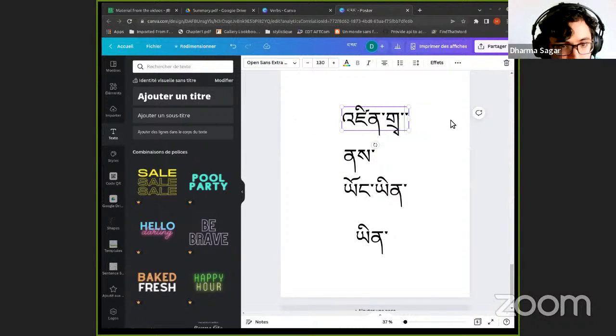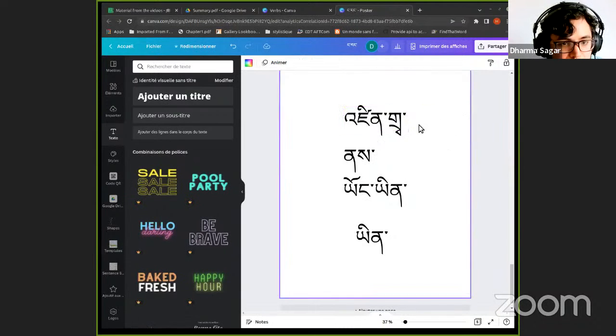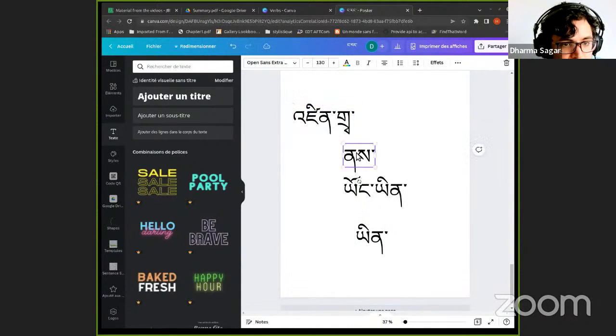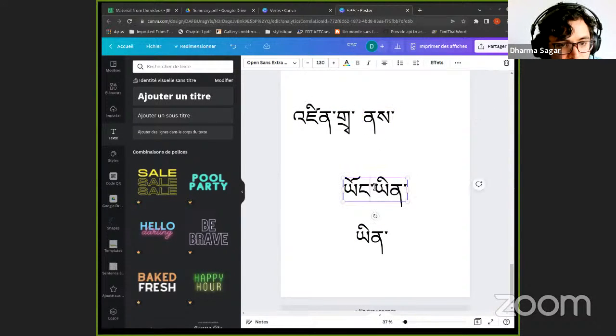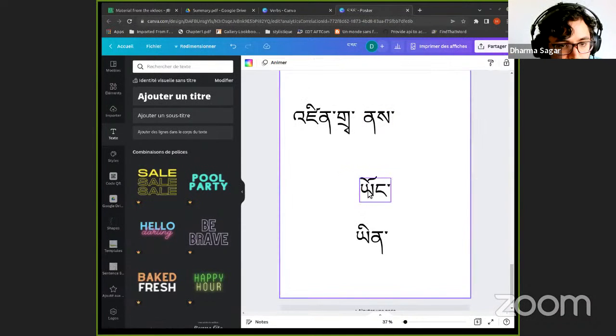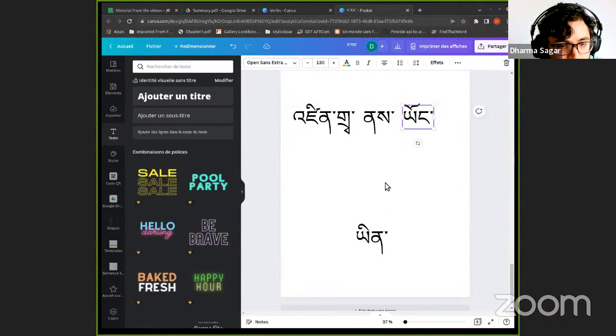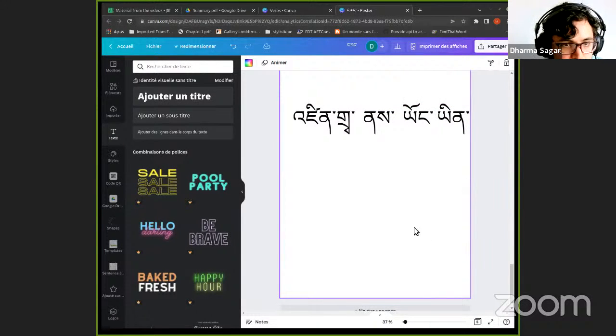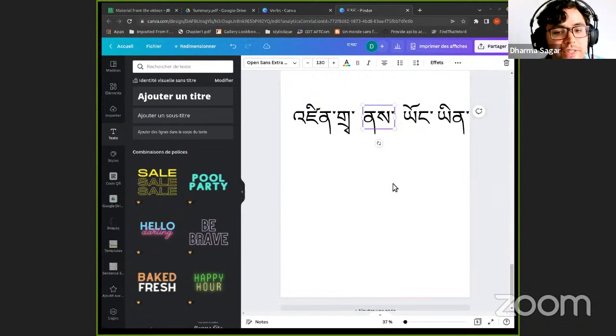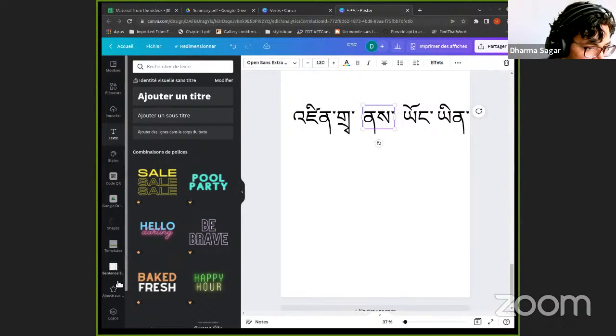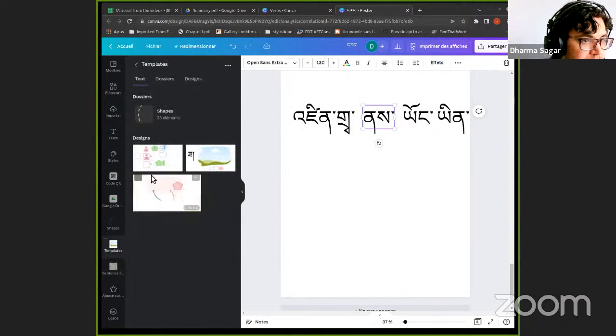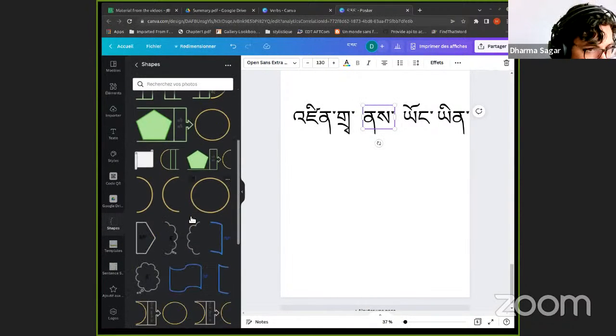And then here we have Tindra. So Tindra, ne, yong, yin. So here, this is not a particle, right? And so because of that, we need to fit it into one of those shapes.